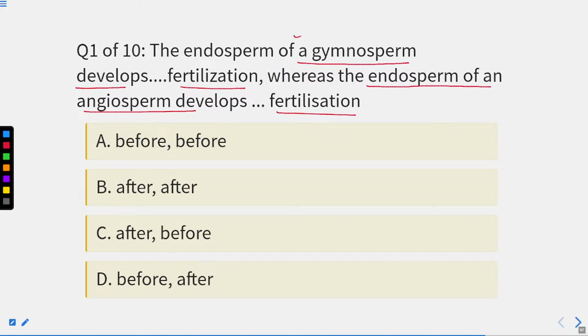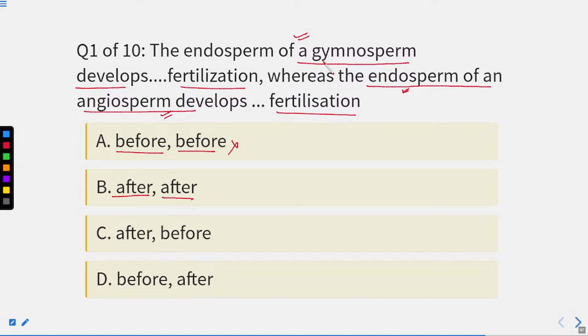The endosperm of the gymnosperm develops before, and we all know that in the angiosperm, after fertilization, that is syngamy, there is a double fertilization that gives the formation of endosperm. So this is incorrect. After.